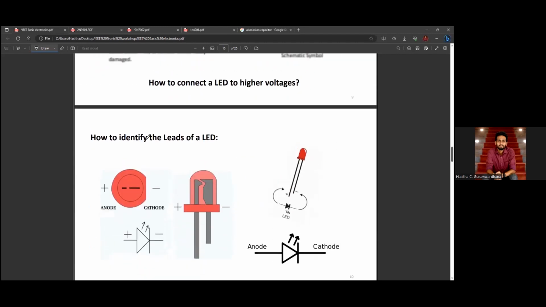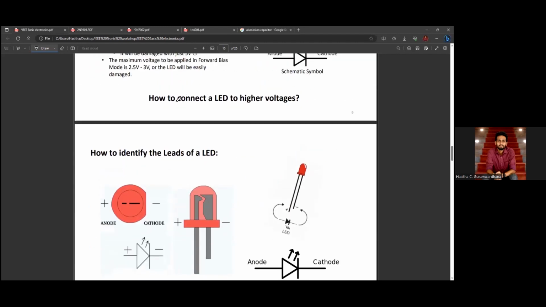So how to connect an LED to a high voltage? High voltage means like mains AC voltage. I mean, if you want to light an LED with 12 volts. In your task, you may have to connect an LED to maybe 12 volts.